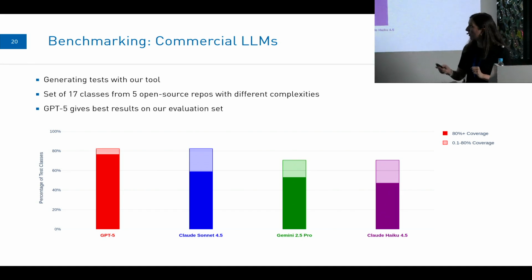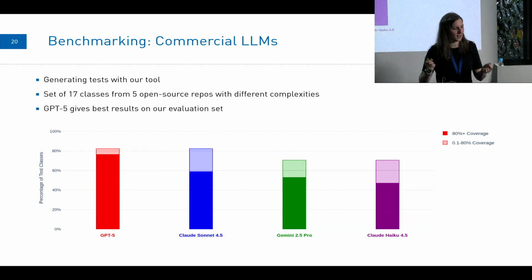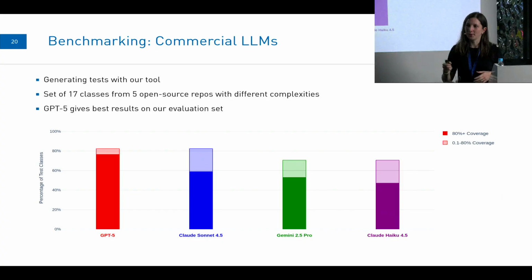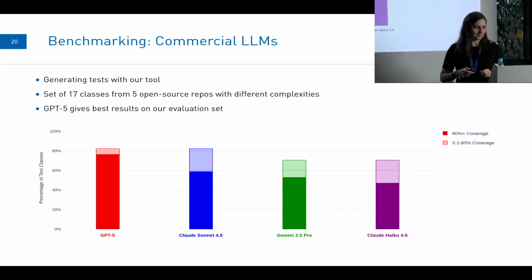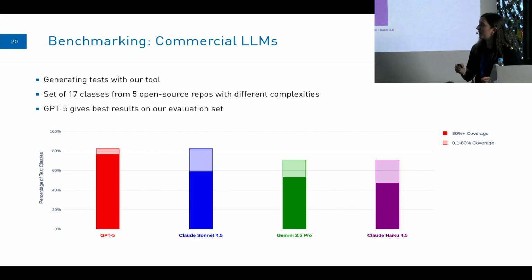So we have some numbers. Basically, we have an evaluation set: some Java classes from open source repositories, with different complexities, everything from Spring Boot examples to some threading benchmarking. We generated tests for them with our tool, and we also generated tests with different commercial models.